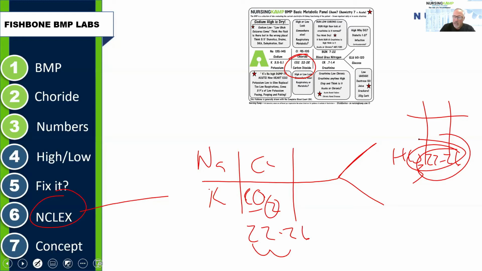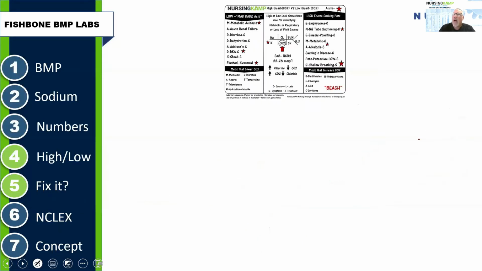All right, so let's get into high and low. Previously we talked about chloride being up there, and we talked about Addison's disease and Cushing's disease, and they show up again because it's the same thing. It's about the adrenal glands and the acid-base balance. So when you're looking at CO2, you're looking at acid-base balance.